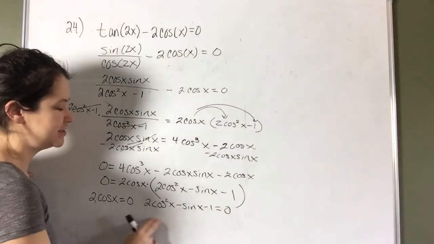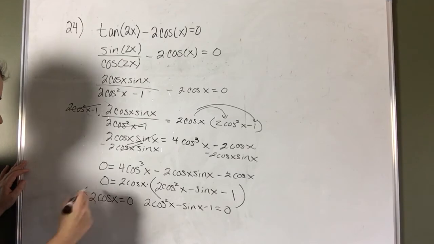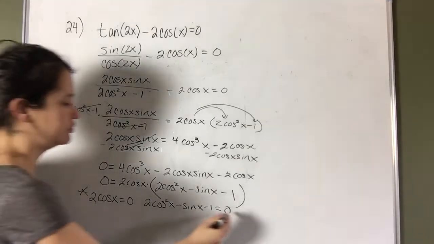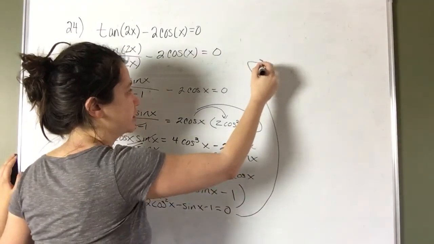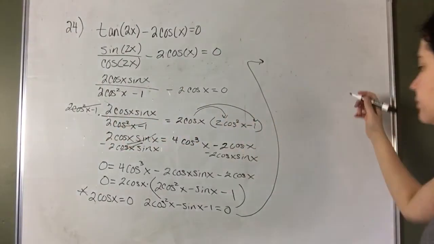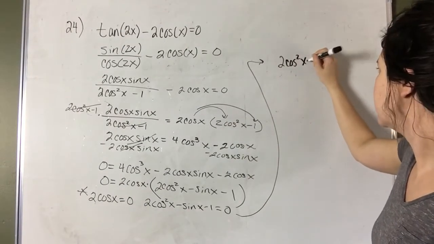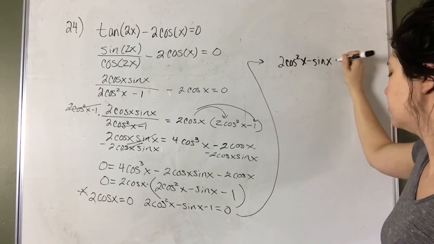This equation is not so simple and definitely will require a little bit more work. So because of that, I'm going to remember that this is here, and then go ahead and pull this one up here and keep working with it. Alright, so we move this one over here. We have 2 cosine squared minus sine minus 1.